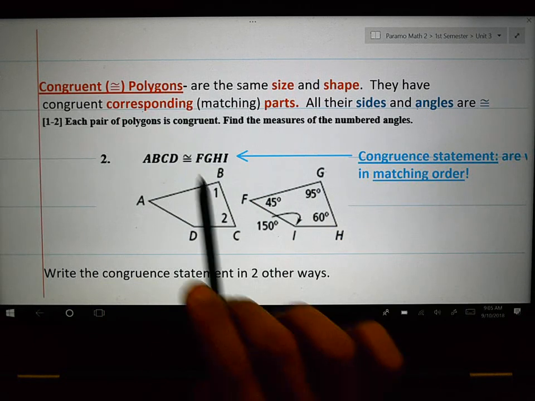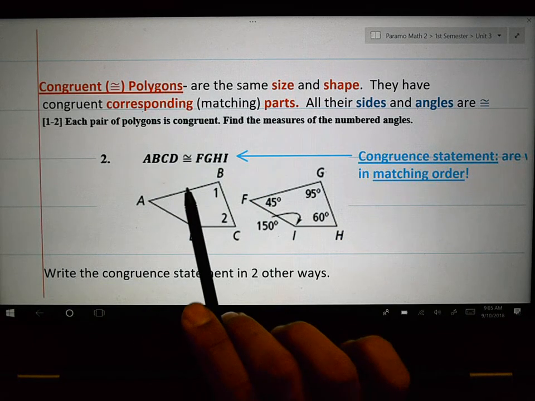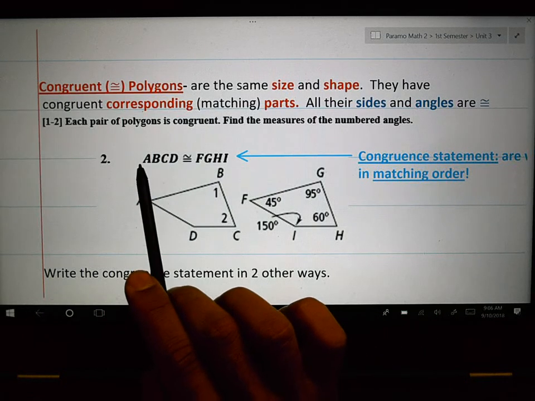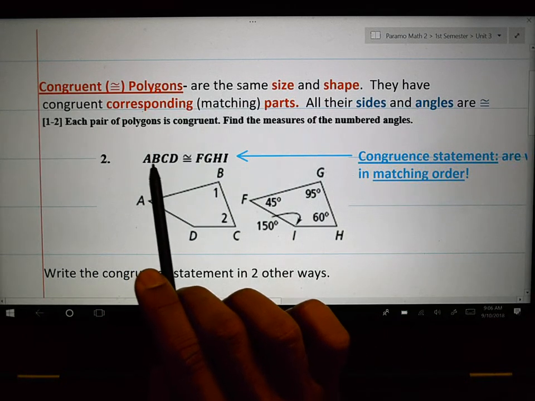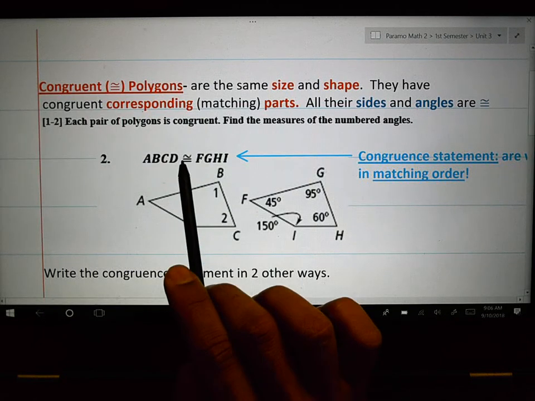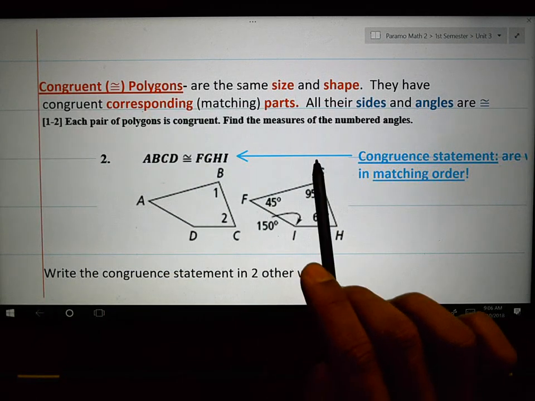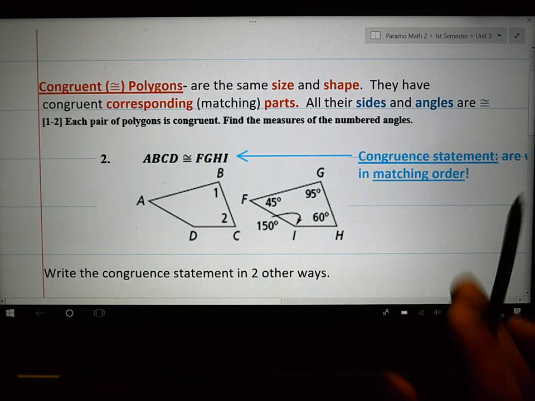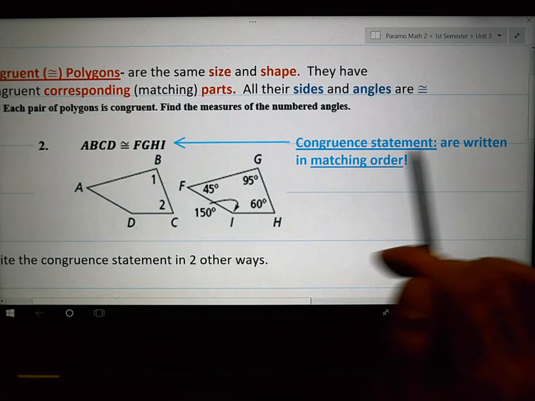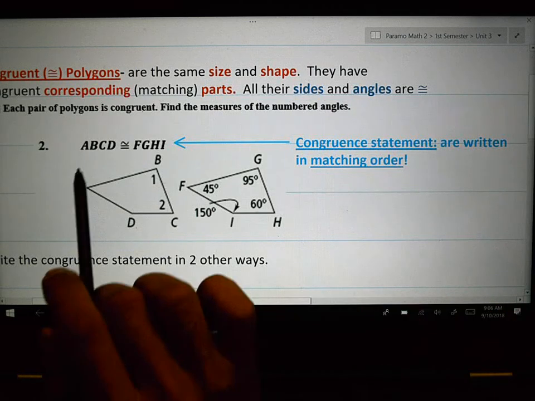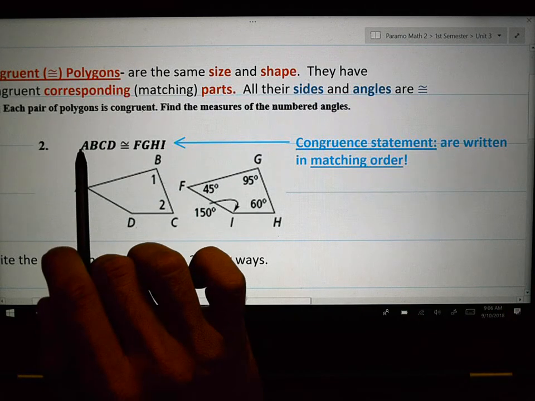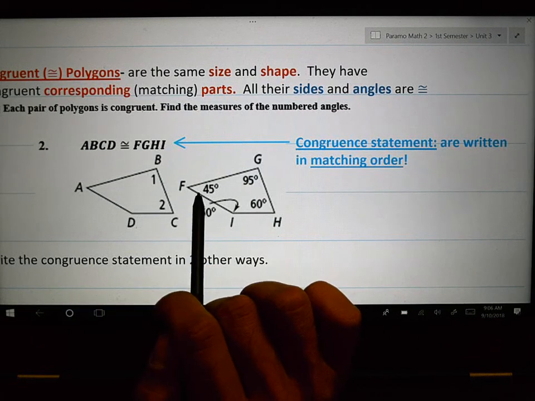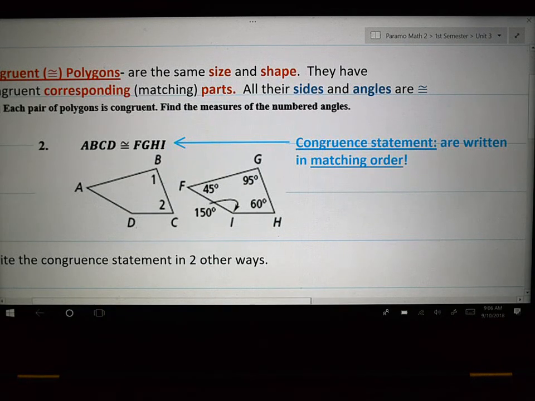What that means is if I know this shape here is exactly congruent to that shape there, here's how you would write that. Polygon ABCD is congruent to polygon FGHI. This little thing right here is called a congruence statement. They are written in matching order, meaning that angle A is congruent to angle F. That this angle here is exactly the same as that one there if they're the same shape.